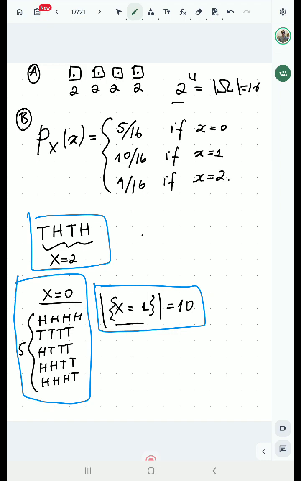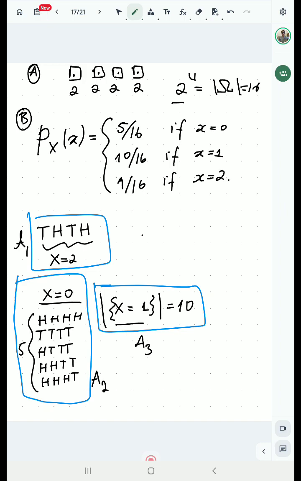We have one case corresponding to event, let's say, A1, and A2. If A1 and A2 contain 6 elements in total, it means that A3 should contain 10 elements.